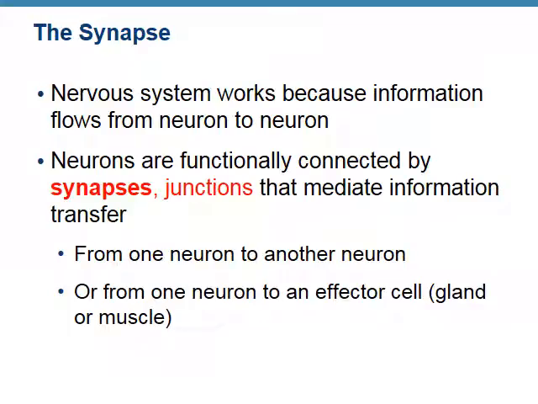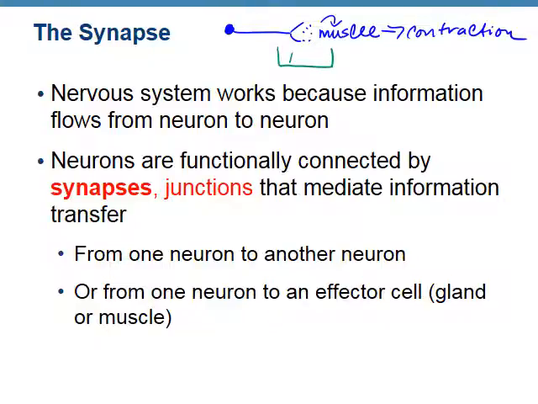Before we talk about synapses, let's just talk about passing information. If I have a neuron, we saw it talk to a muscle, right? It released a neurotransmitter, bound to the muscle, and caused muscle contraction. We called this area a neuromuscular junction.